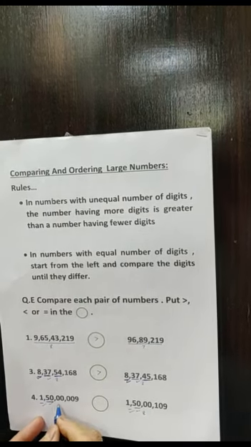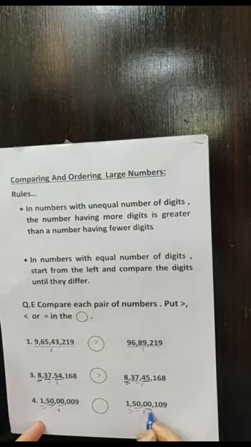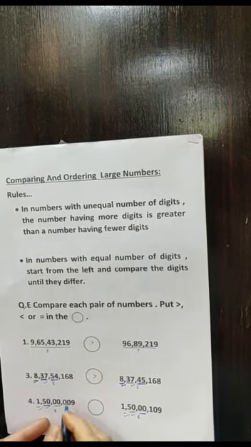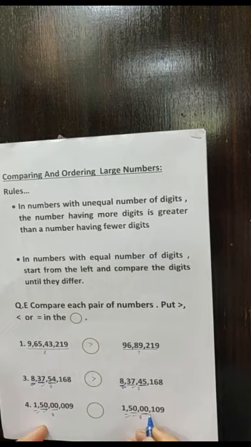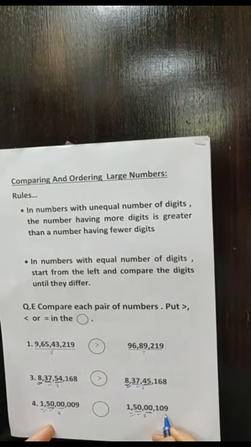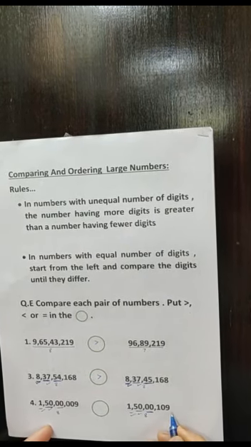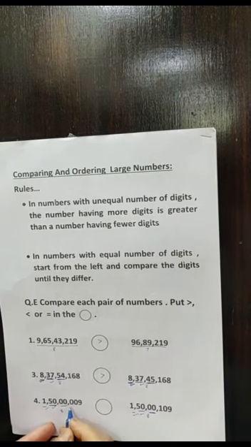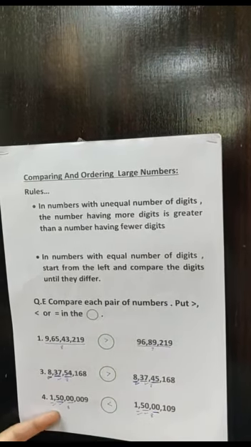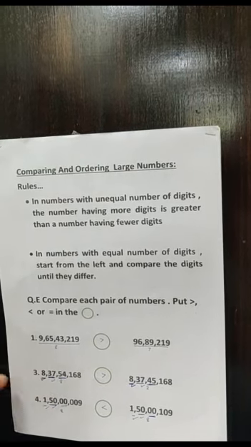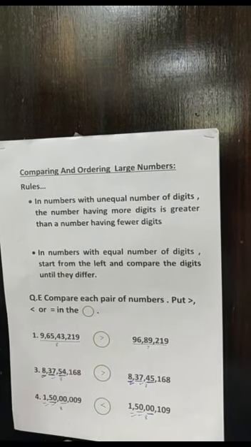Then compare thousand period, also same. Then come to ones period. Here it is 9 only and here it is 109. So which is greater? 109 is greater than 9. Therefore this number is greater than this number. So we have to follow the rules while comparing the numbers.